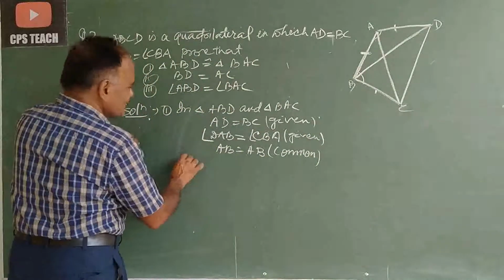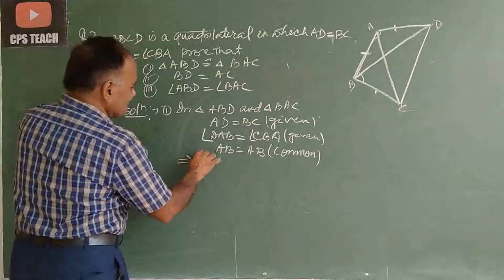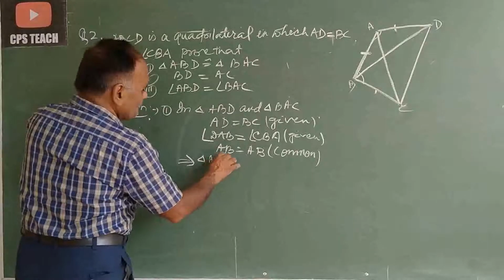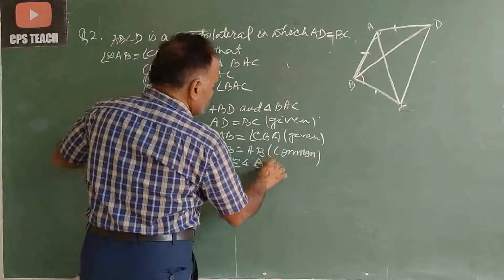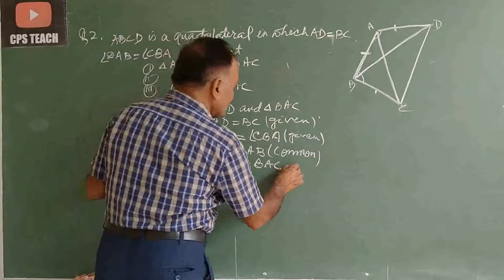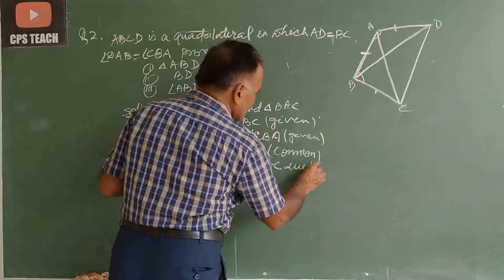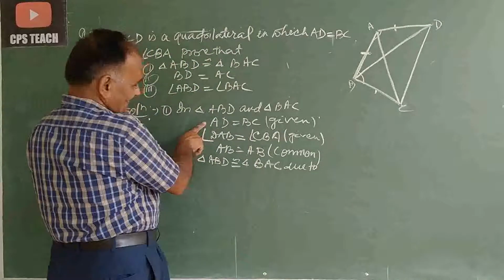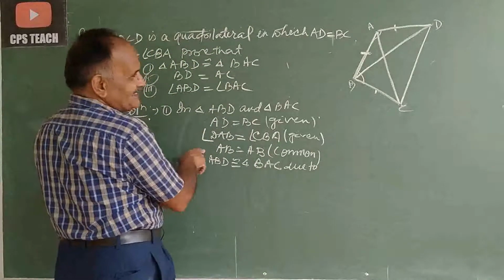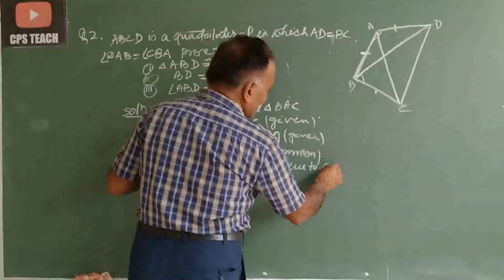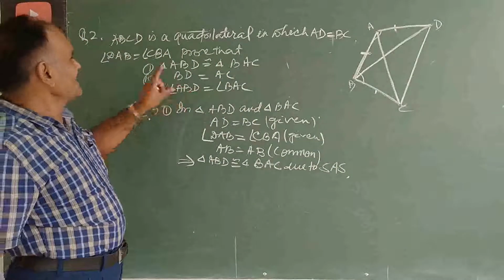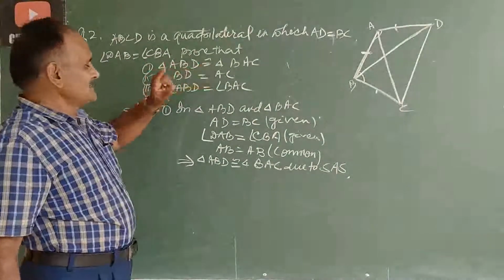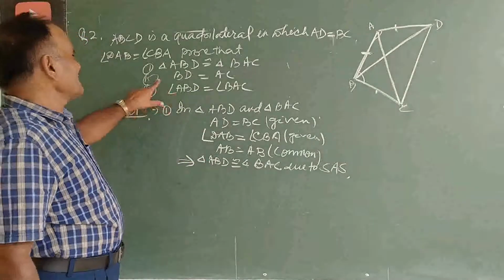Thus, this implies triangle ABD congruent to triangle BAC due to side angle side, SAS. Your first question to prove this is clearly proved here.